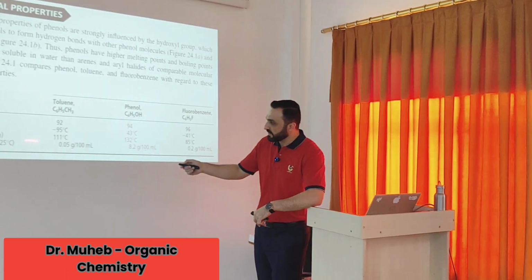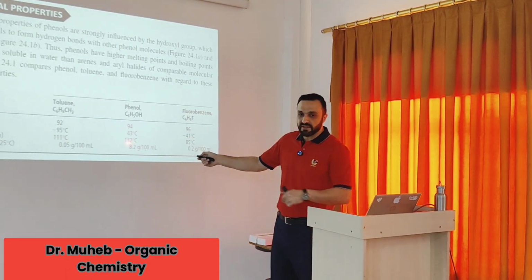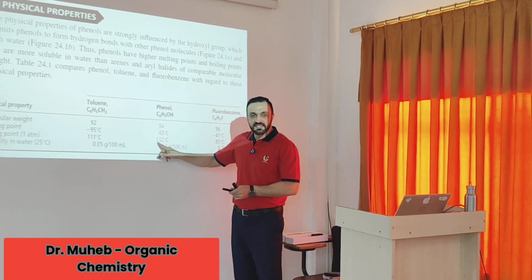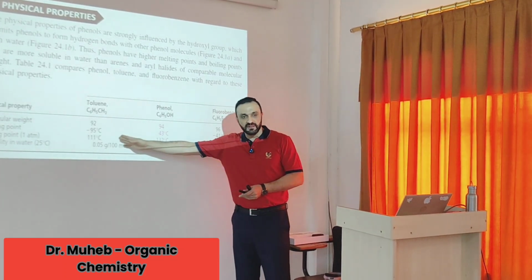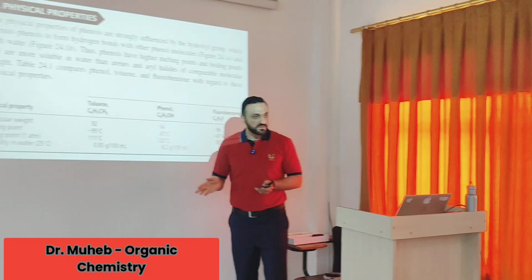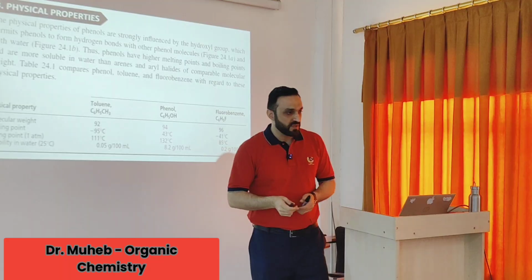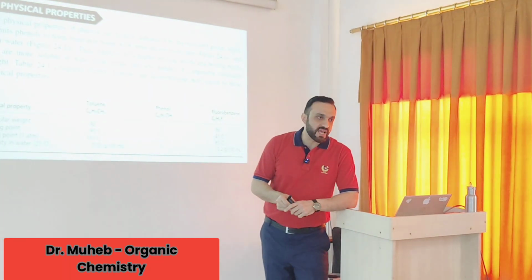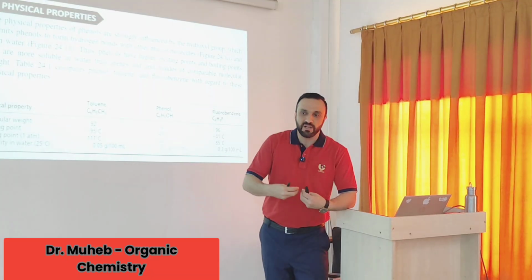Look at the boiling points: 111, 132, and 85. Why does phenol have a higher boiling point than arenes and aryl halides? Because of hydrogen bonding. In your exam, don't just say because of the hydroxyl group. Say because of hydrogen bonding by the hydroxyl group. It will be a complete answer.